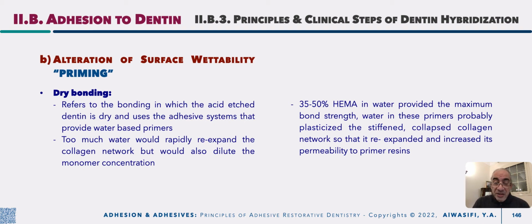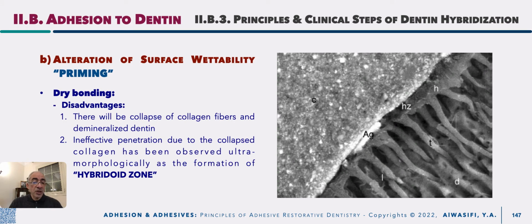The disadvantage is that with the collagen fibers, you are not sure whether all of the collagen fibers are expanded or not. That's why our disadvantage in this condition is that we may have areas of collapsed collagen.